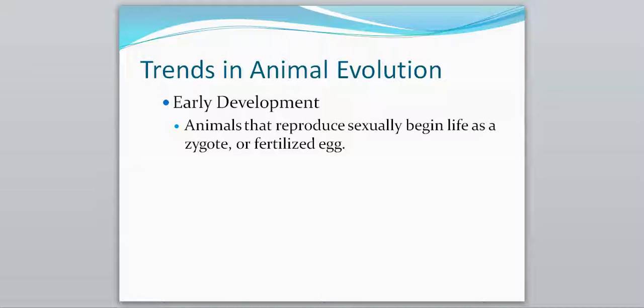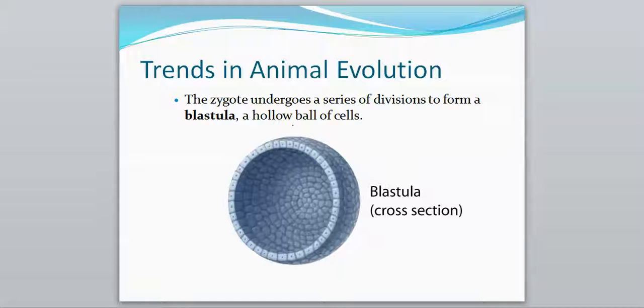Animals that reproduce sexually begin life as a zygote, or fertilized egg. We've heard that term before. All animals start off the same way. This zygote will undergo a series of divisions to form what is known as a blastula, or a hollow ball of cells. All animals at some point in their life look like this.